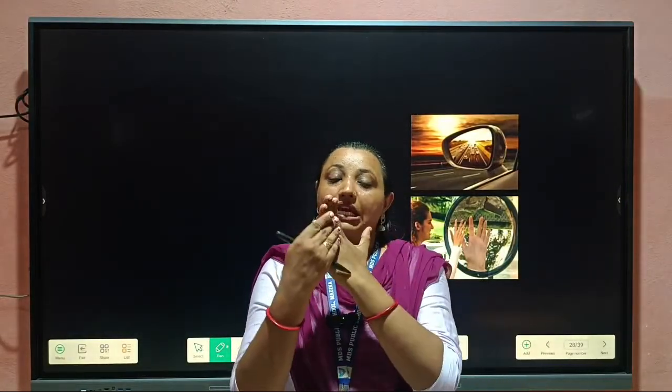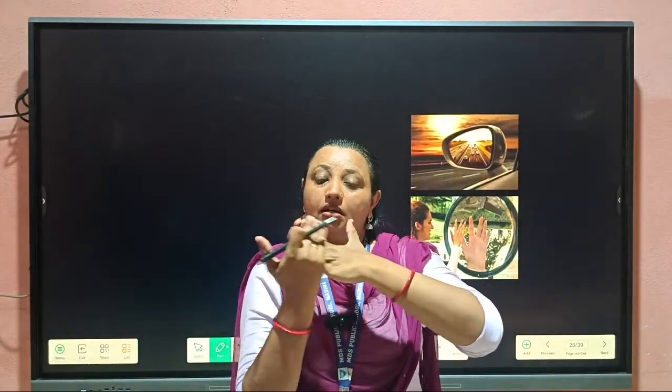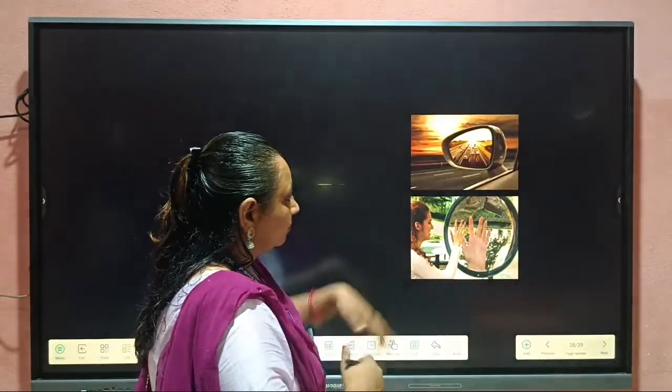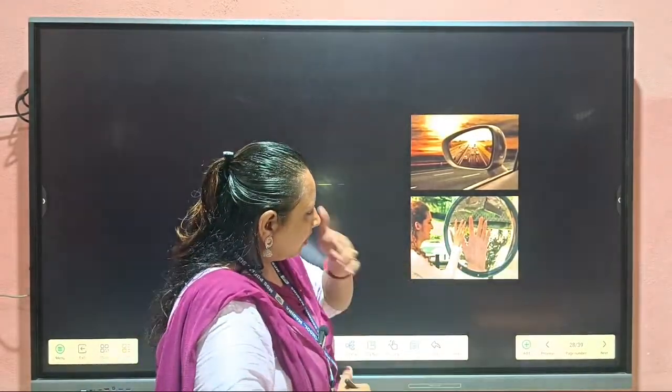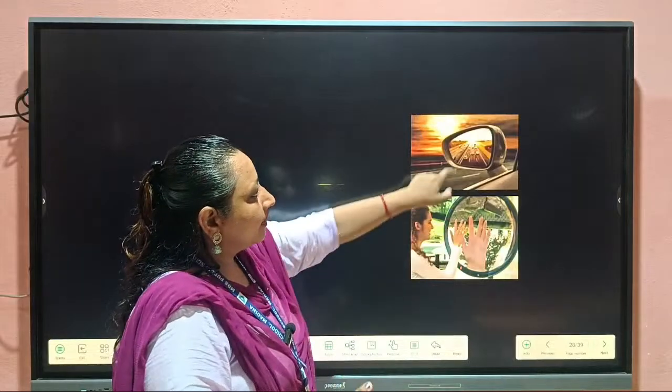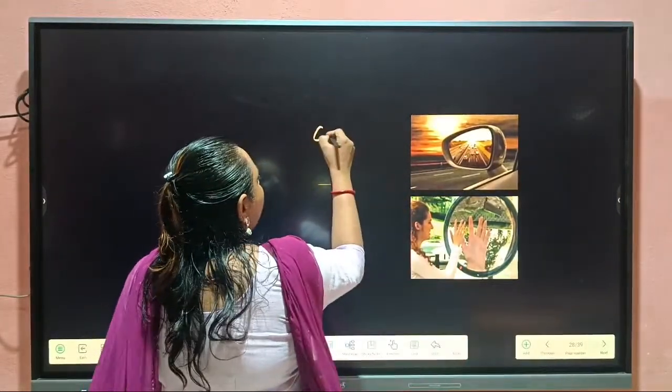And if it is inward, अंदर की तरफ इस तरीके से there is a dig, ठीक है, bent like this, अगर आपको नीचे अंदर एक गड्ढा सा नजर आता है, it is concave mirror. This is a magnified image, so it is concave mirror, and in which diminished images are formed, it is convex mirror.